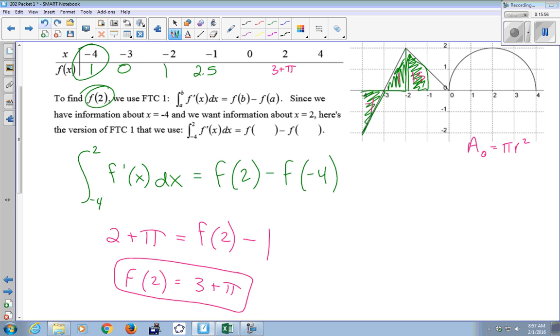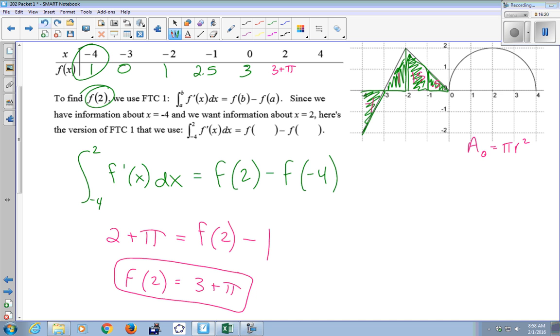From -1 to 0, the change of value in the function f is the area under the f prime curve. So I find this area, and it is 1/2. Add a half here, and I get 3. My next unit interval is hard, but I don't need it.